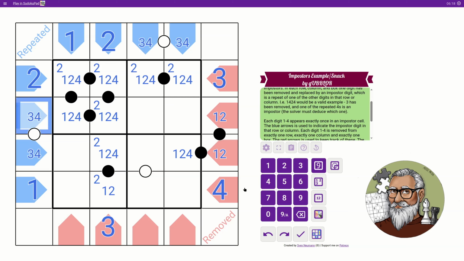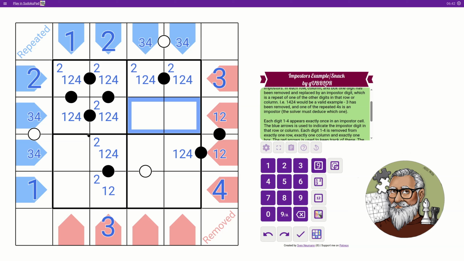Can this be 3 still? If this is 3, no, if this is 3, it means that we would have 2 3s here, wouldn't it? Because whatever digit we put here has to repeat, right? And if we put 2 3s here, then we can't have 4. Well, we can have 4.